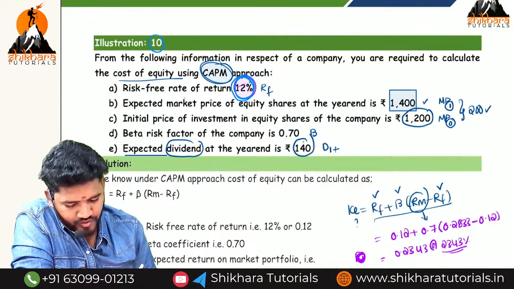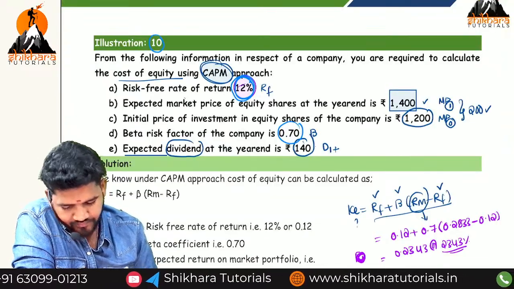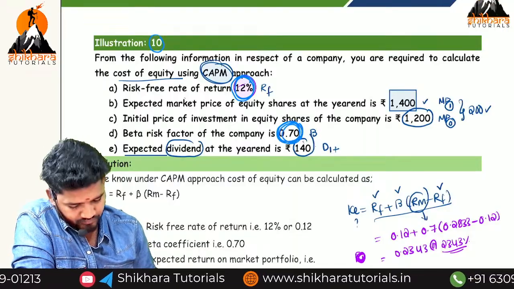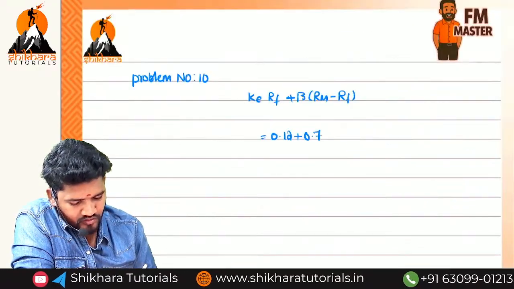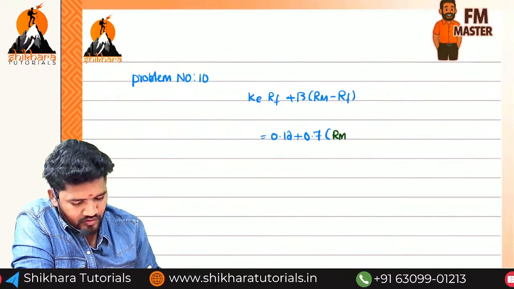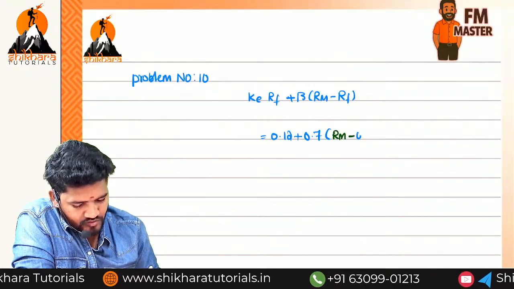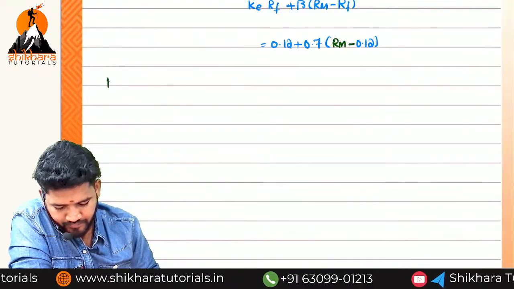Beta is also given in the question paper, 0.7. I think RM is not there, but RF is there, 0.12. Now you have to do a working note for RM.